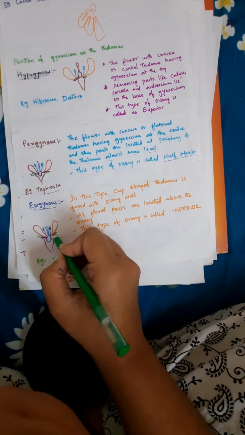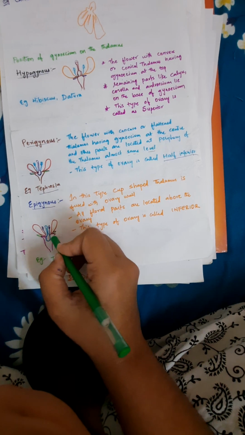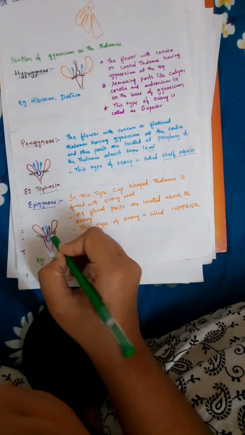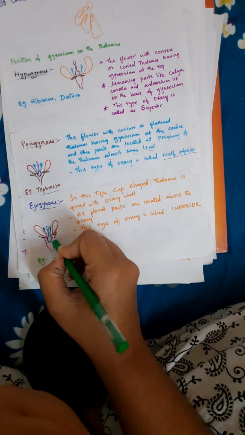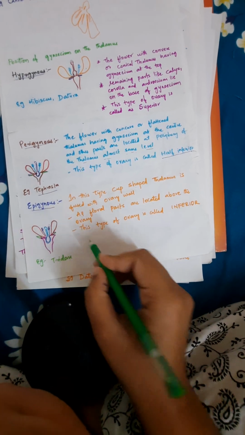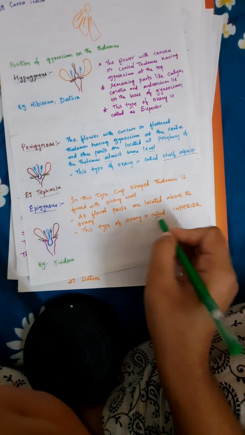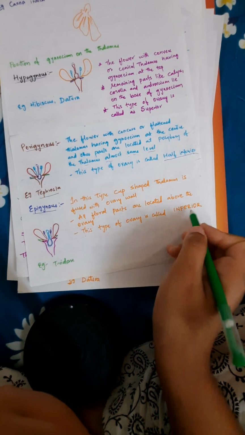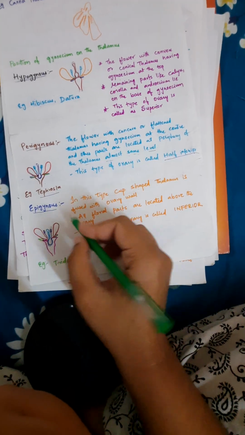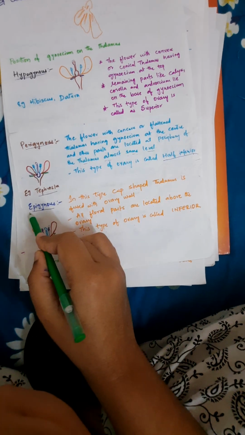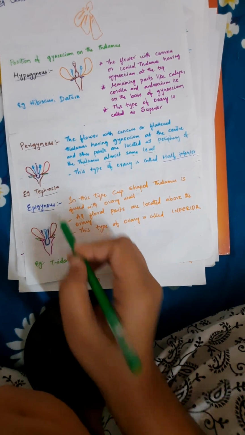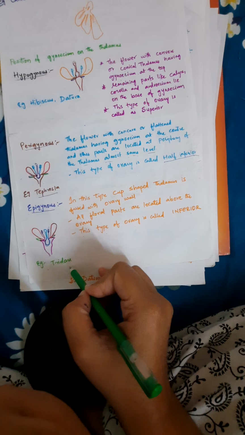See here, the calyx is above the ovary, the corolla is above the ovary, and the anthers are above the ovary, and here the ovary is below. This type of ovary is known as the inferior ovary, and the flowers in which we find this type of ovary are termed epigynous flowers. The example for this is Tridax.